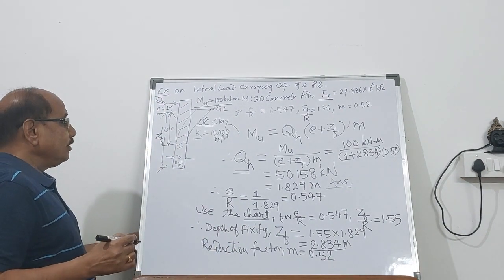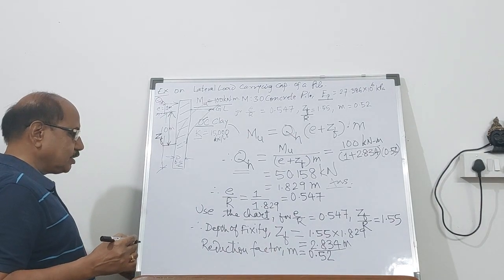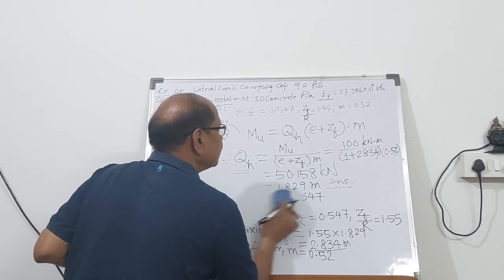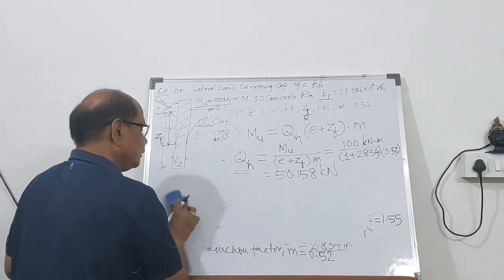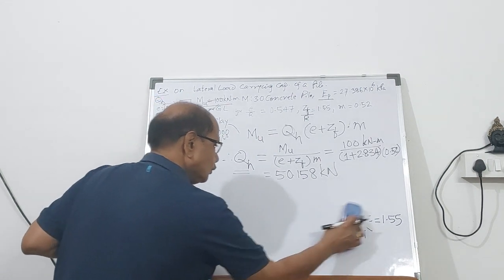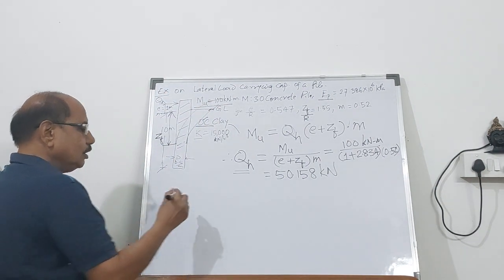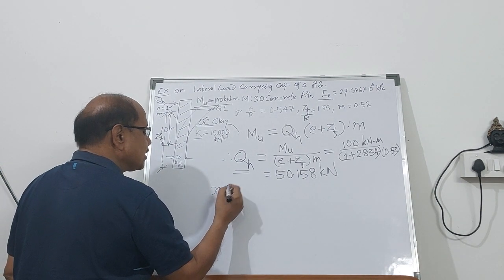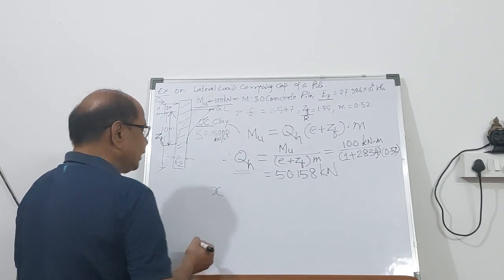So this is the answer for this problem. Suppose you are given the displacement. If the displacement is given to you, you can use the expression already explained to you in the last video. Say the maximum displacement is given to you and you want to find out the load.